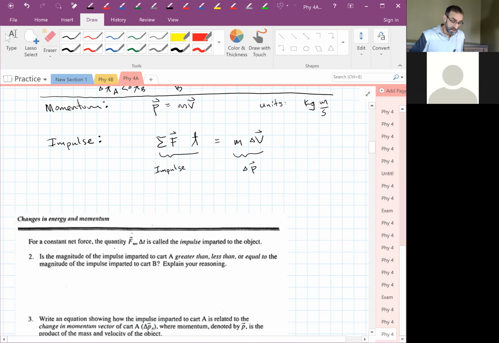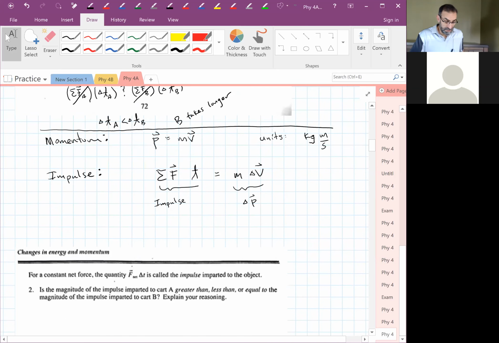It says for a constant net force, F times delta T is called the impulse imparted to the object. Impulse is a vector quantity. Momentum is a vector. Change in momentum is a vector. Where does impulse get its direction from? The net force. Time is a scalar. Time doesn't have direction associated with it.